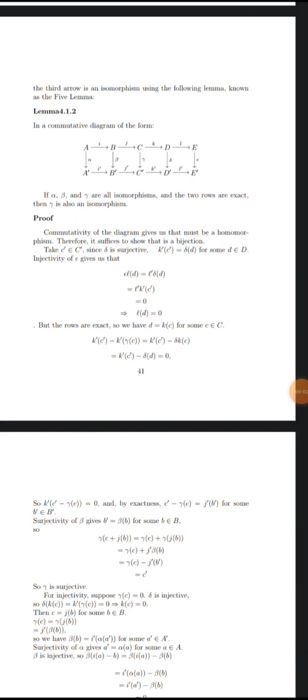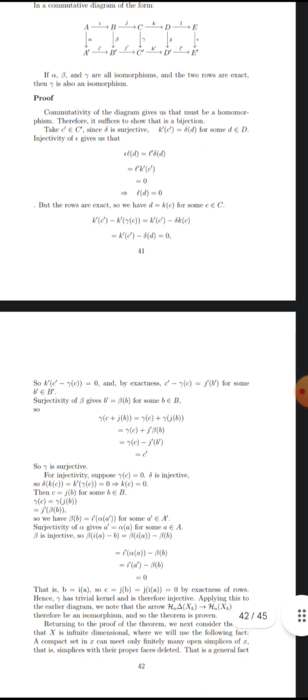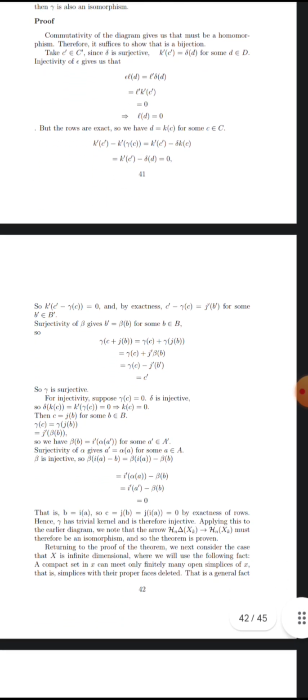Then we are going to see one lemma: in a commutative diagram of the form alpha, beta, gamma are all isomorphic. Then the two rows are exact and gamma is also an isomorphism. We have to show first that gamma is surjective. Then we have to show gamma is injective.